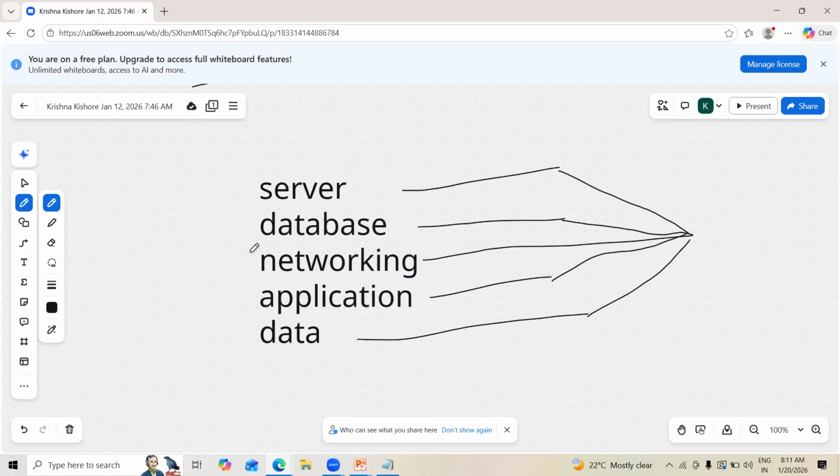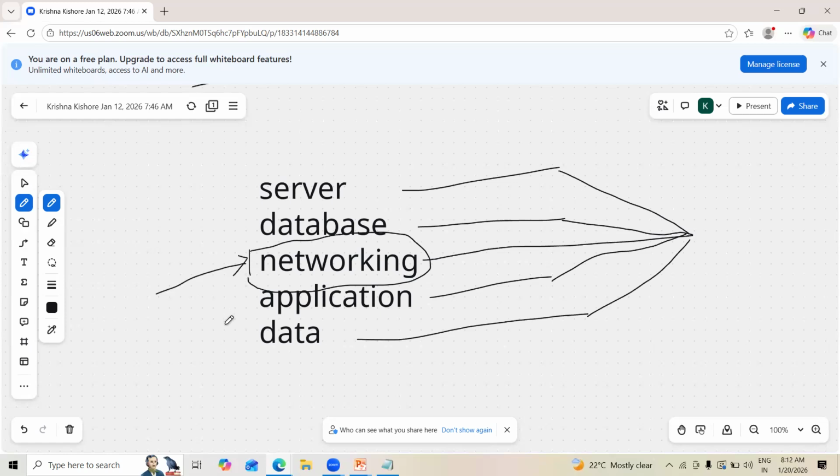So network is a key role here to maintain whatever you are expecting. To securely connect your servers, network is required. To securely connect your databases, networking is required. Applications, networking is required. Data you can maintain securely, networking is required. So everywhere network is playing a key role.